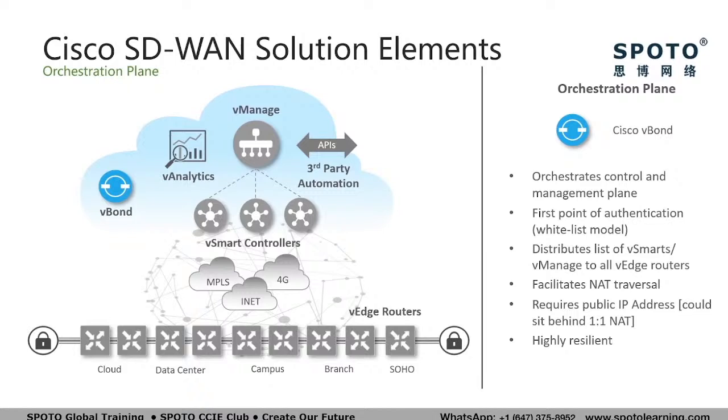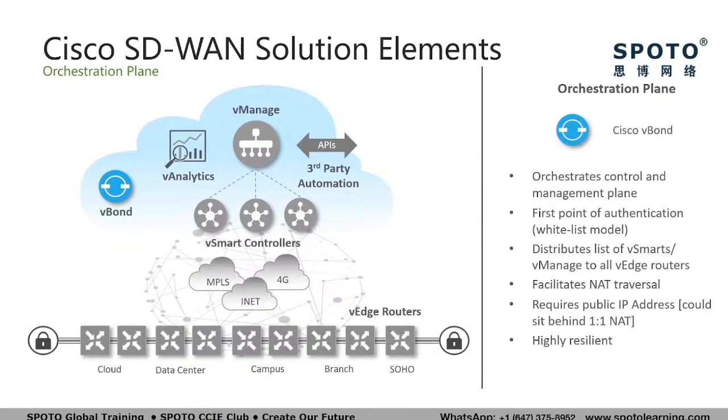Cisco vBond Orchestrator is a multi-tenant element of the Cisco SD-WAN fabric. It facilitates the mutual discovery of the control and management elements of the fabric by leveraging a zero-trust certificate-based whitelist model.